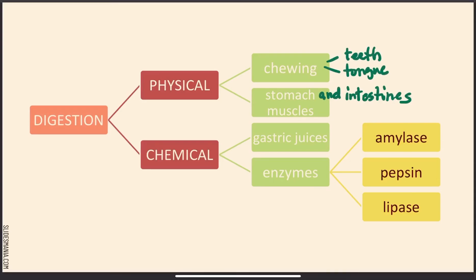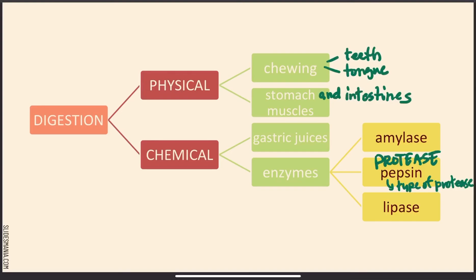Chemical digestion is in your stomach with your gastric juices and enzymes. Now, pepsin is a type of protease, so it's the same thing, but we're just calling everything protease.